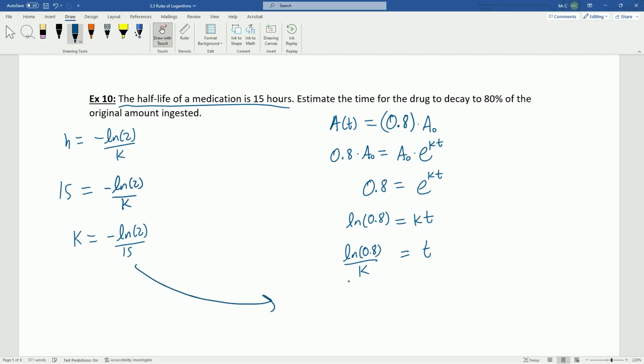Now I can plug that answer in, and I get t equals ln of 0.8 divided by negative ln of 2 over 15. Again, division by a fraction is multiplication by the reciprocal, so I can write this as negative 15 ln of 0.8 divided by ln of 2. Then I plug all that into a calculator: negative 15 times ln of 0.8 divided by ln of 2, and I get approximately 4.83 hours.